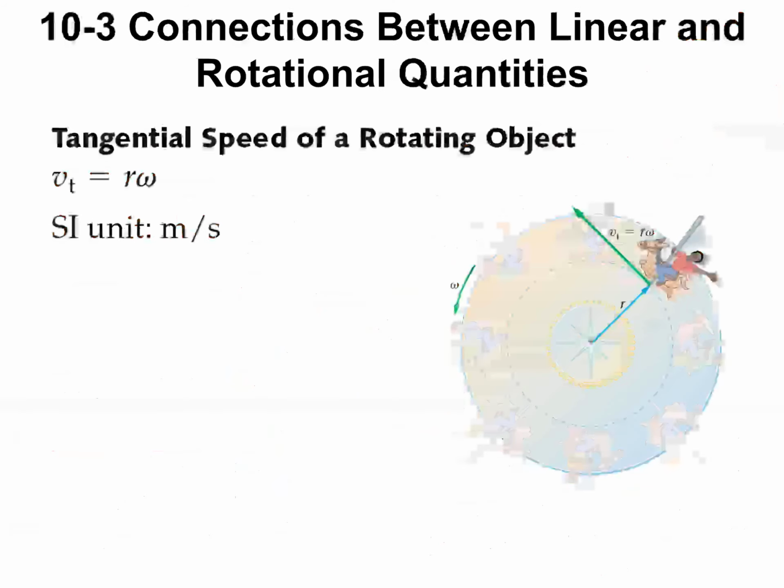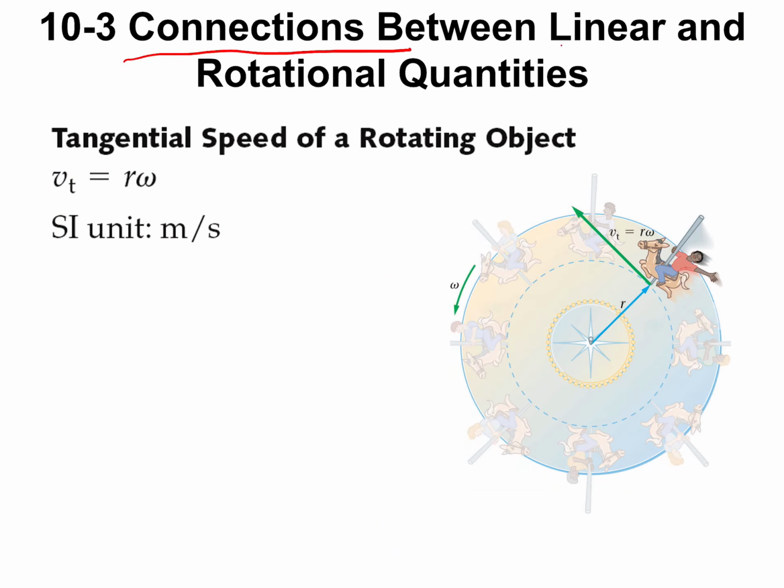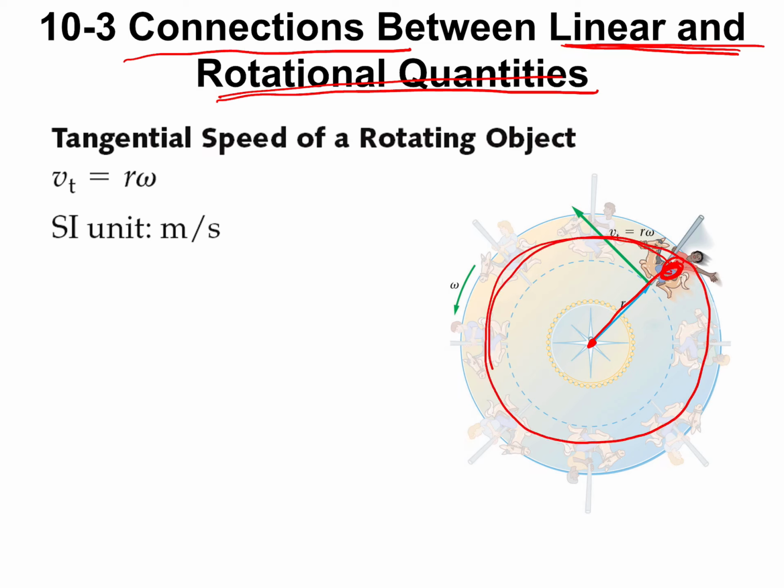All right, so now let's talk about the connection between linear and rotational quantity. The example here is this: you ride on a carousel, and this is the rotational axis. You see this guy will rotate round and round like that.